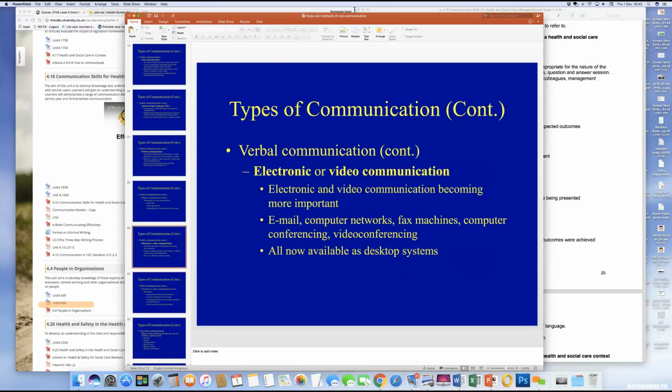So within verbal, and then within oral communication, we can also use technology, which is electronics or video communication, to deliver a message. The various aids or implements we use to bring technology to communication are things like video conferencing and voice chat.